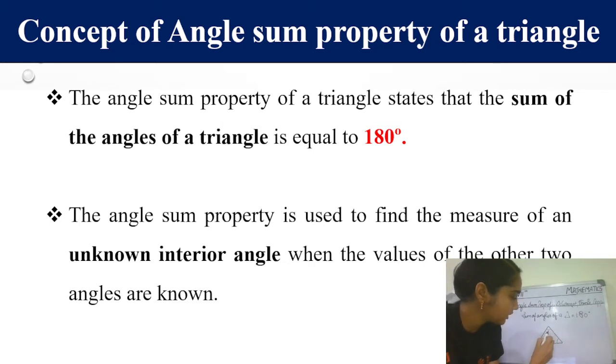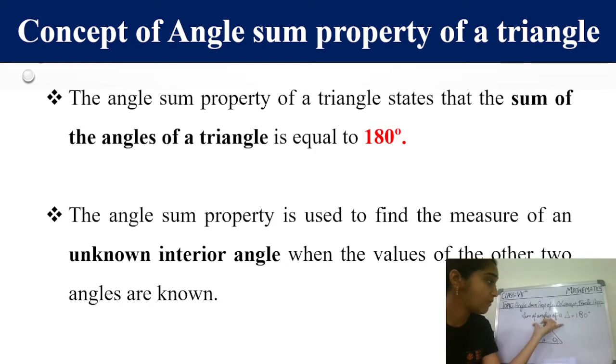If this angle is x and this angle is y, we have to find this angle. X and y we already know, as they have given us the values. We will find it with the help of the fact that the sum of angles of a triangle is 180 degrees. So hence we can use this property over there.